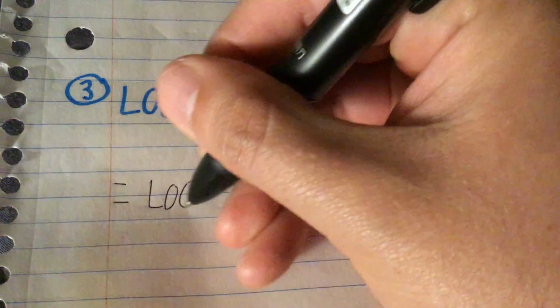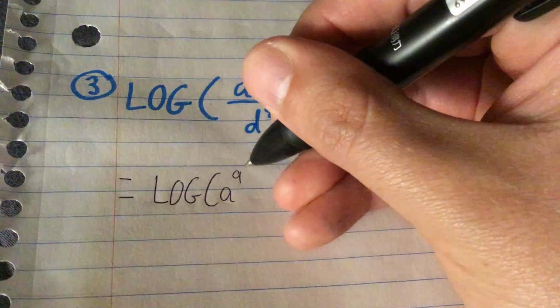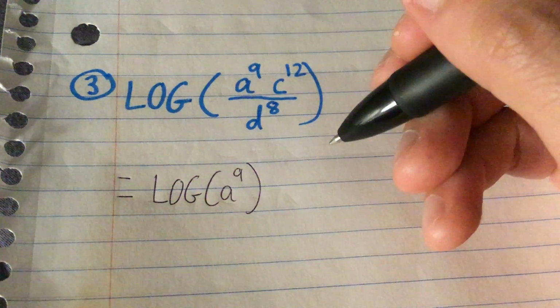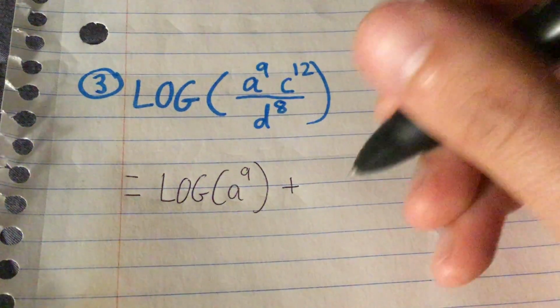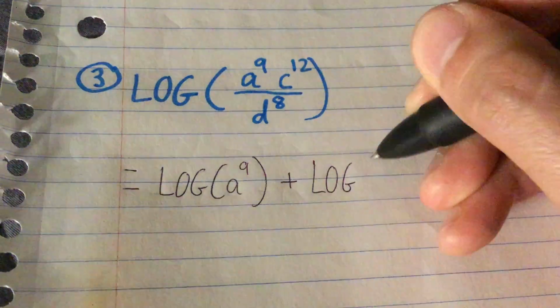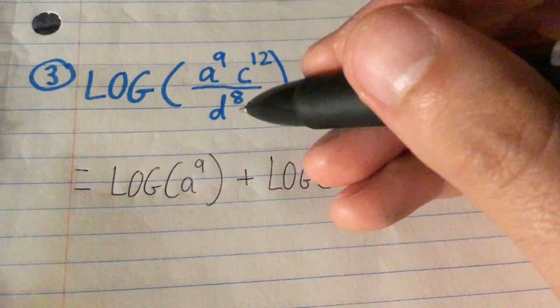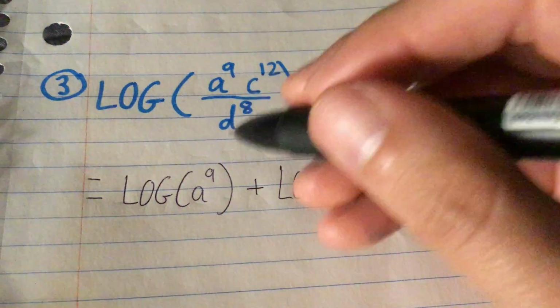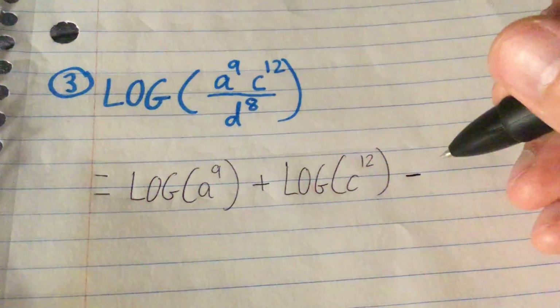So if I expand this out, I'm going to say log of a to the 9th, since it's on top, it can be a positive. C to the 12th, okay, it's on the numerator, so it can be expanded with the product sum rule, but I like to think of it as tops are positive. So log of c to the 12th. And the denominator, and the base is d, d to the 8th is in the denominator, so I can expand that with subtraction.